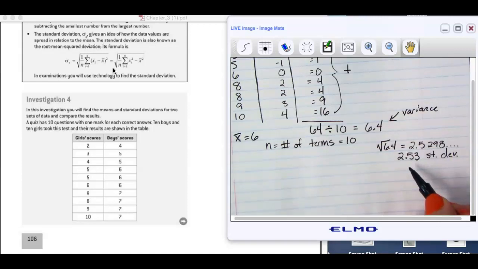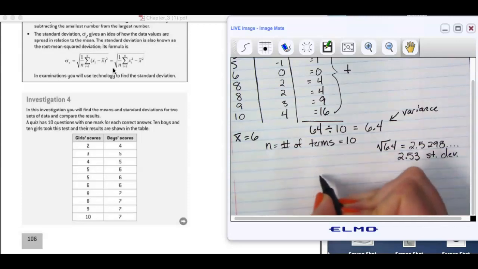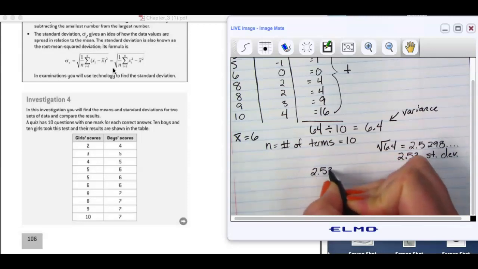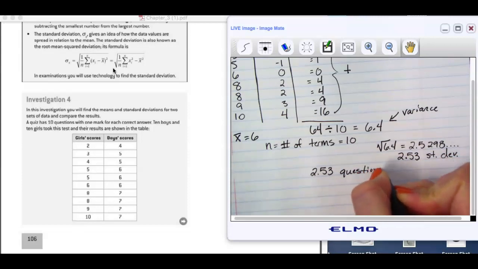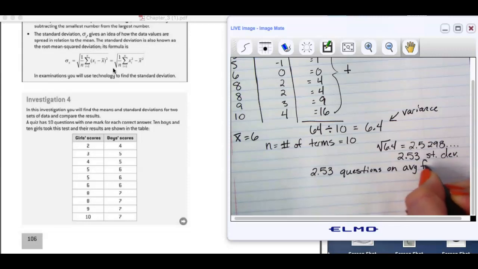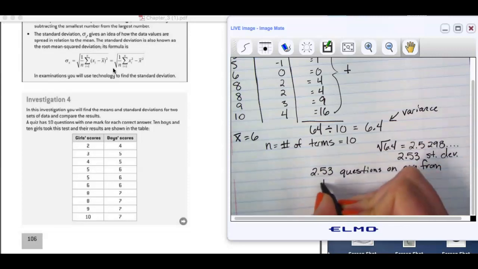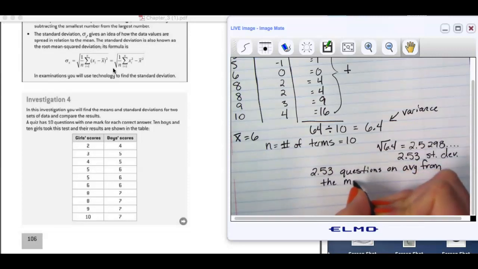So since we were talking about the questions correct out of 10, that means on average for the girls, they are scoring 2.53 questions on average from the mean, which our mean was 6.